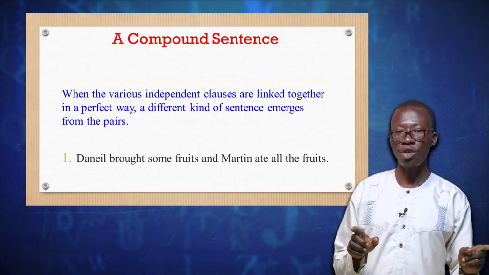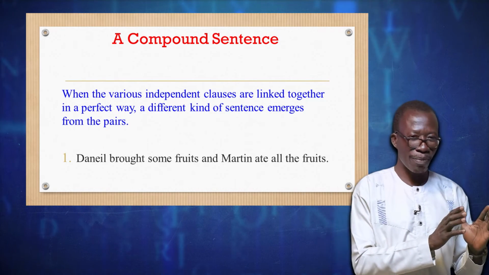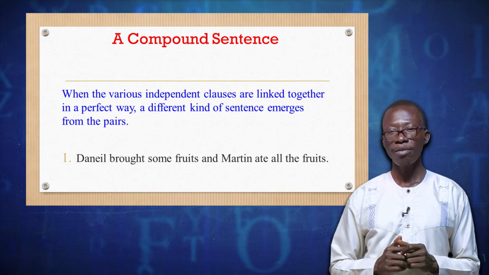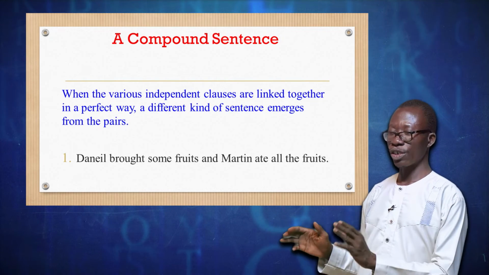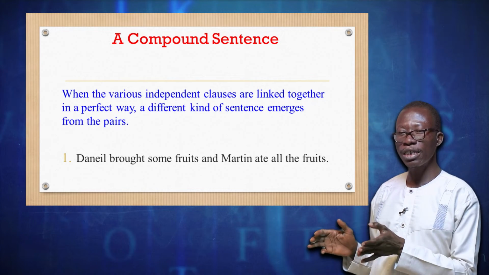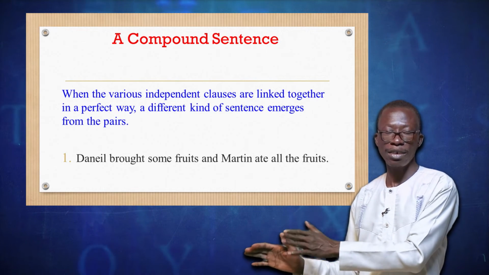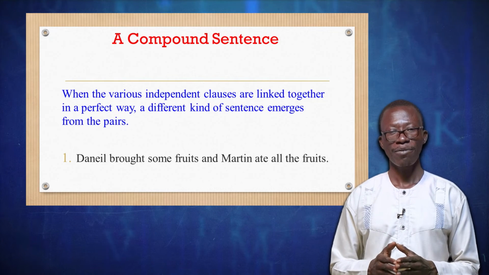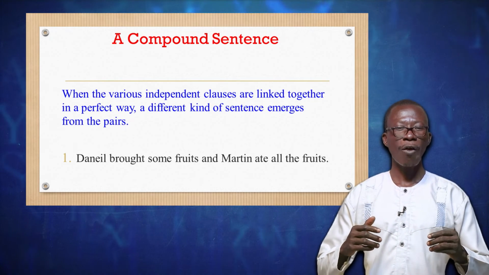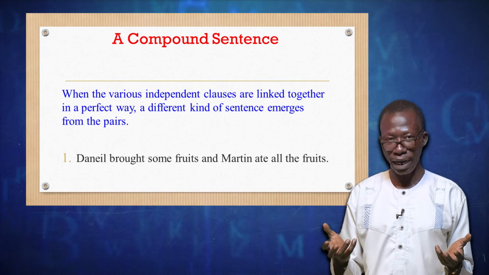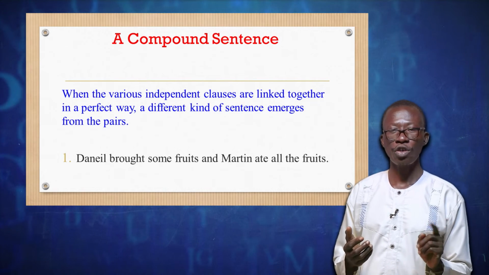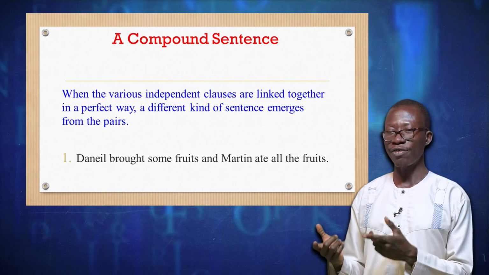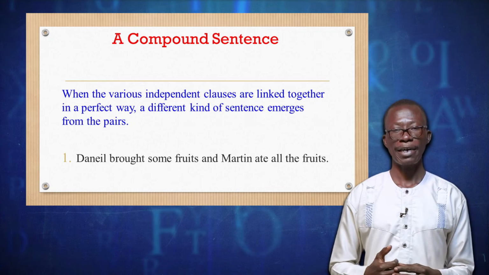That is, Daniel brought some fruit. If you say Daniel brought some fruit, the meaning it gives is complete at that level. Then you have Martin ate all the fruit. That also is complete at its level. But now, having brought these two statements together, and now having a complete sentence emerging altogether, being Daniel brought some fruit and Martin ate all the fruit, the meaning we now get there is completely different from the pairs.